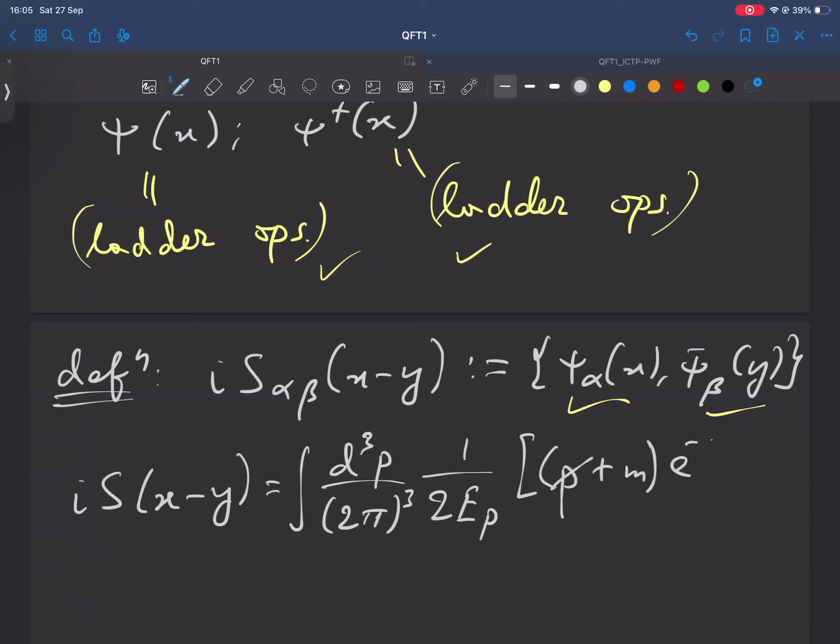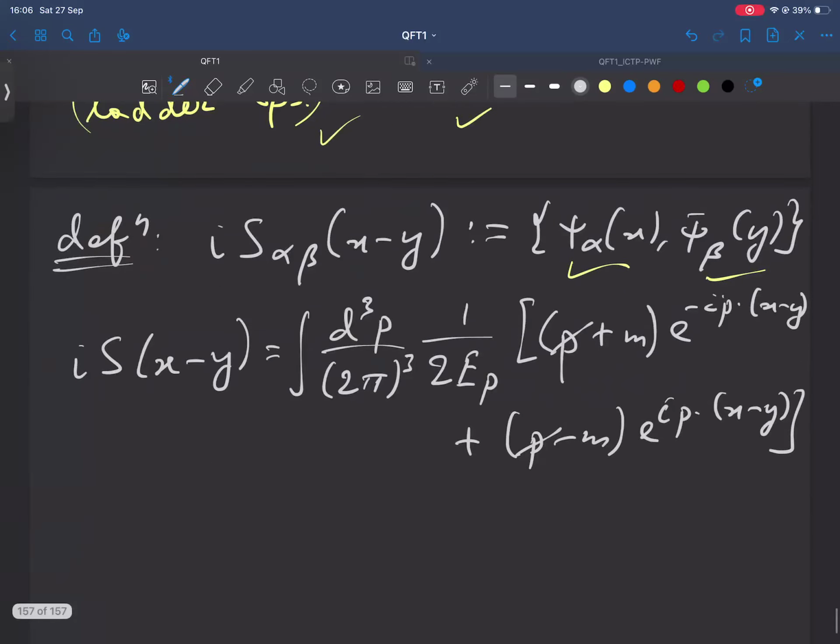So you will see that this boils down to this. Sorry, let me be careful. This is p-slash plus m e to the power minus ip dot x minus y, plus p-slash minus m e to the power ip dot x minus y. And while deriving this, you will again need those spinor identities.